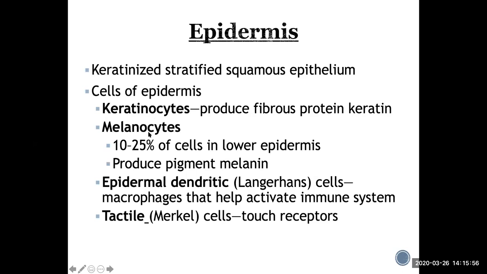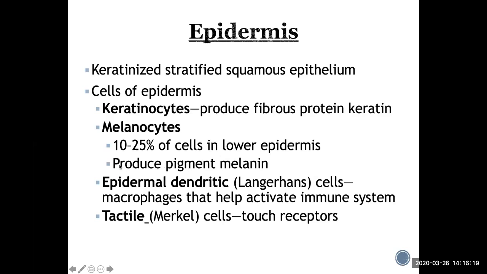You also have melanocytes, again a mature cell that produces melanin. 10 to 25% of the cells in the lower epidermis, the deepest part, are melanocytes, and they are producing melanin, which is a pigment that gives the skin its color.